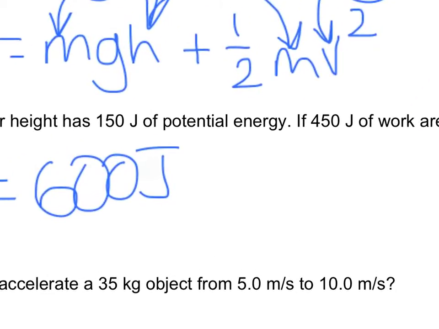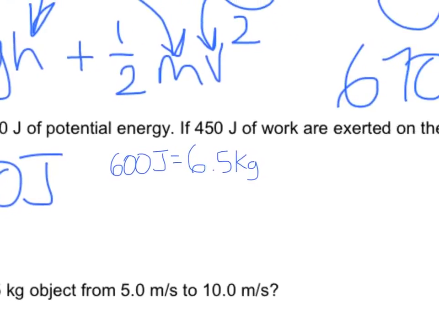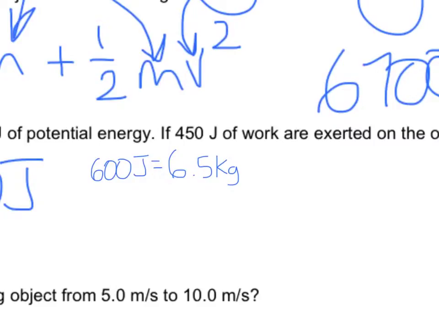So if we take a look at how that gets finished off, 600 joules of potential energy equals this object's mass, 6.5 kilograms, times little g, 9.81 meters per second squared, times the height that we're solving for.